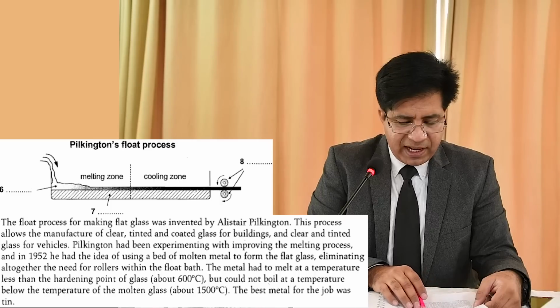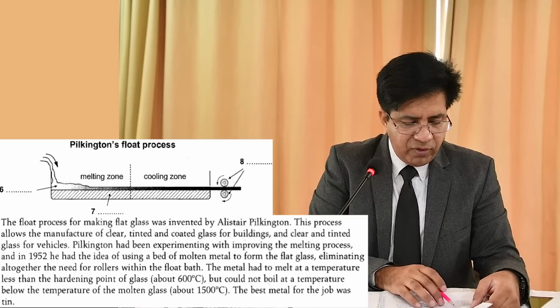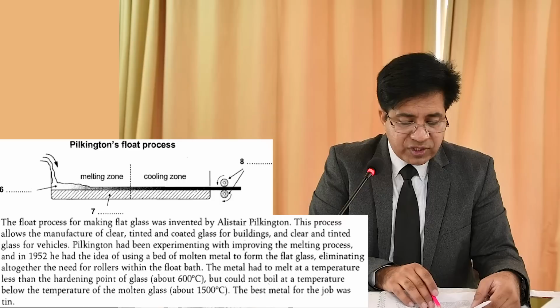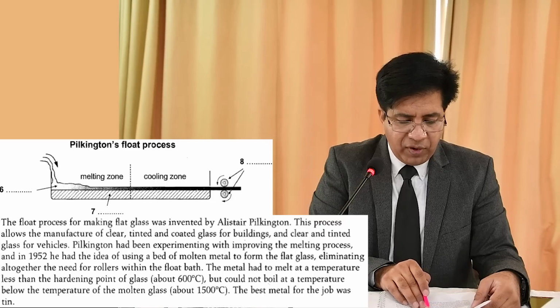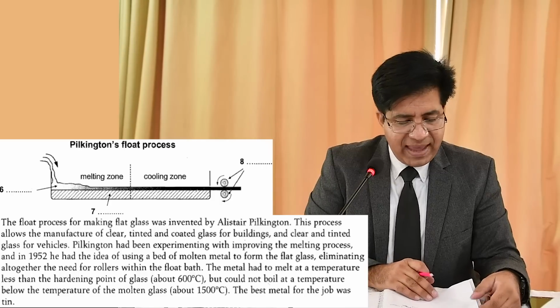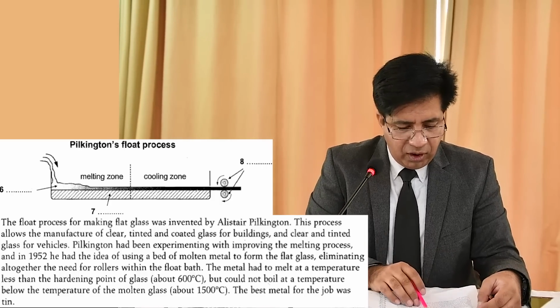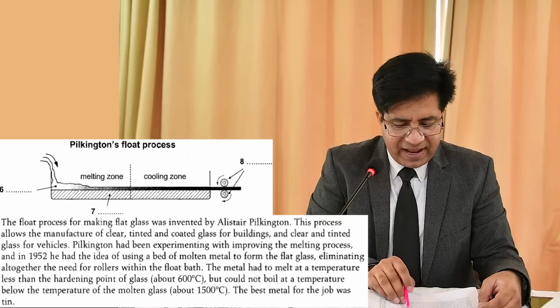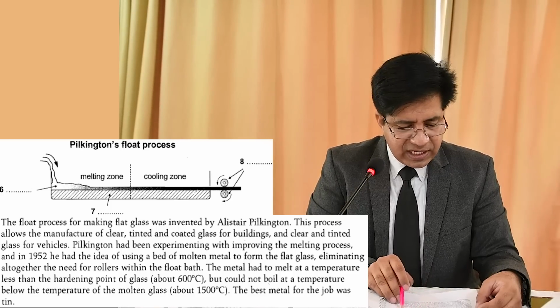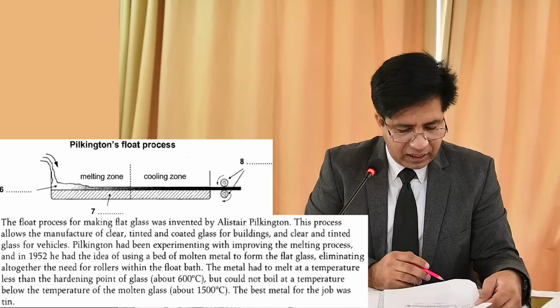Pilkington had been experimenting with improving the melting process, and in 1952, he had the idea of using a bed of molten metal to form the flat glass, eliminating altogether the need for rollers within the float bath.